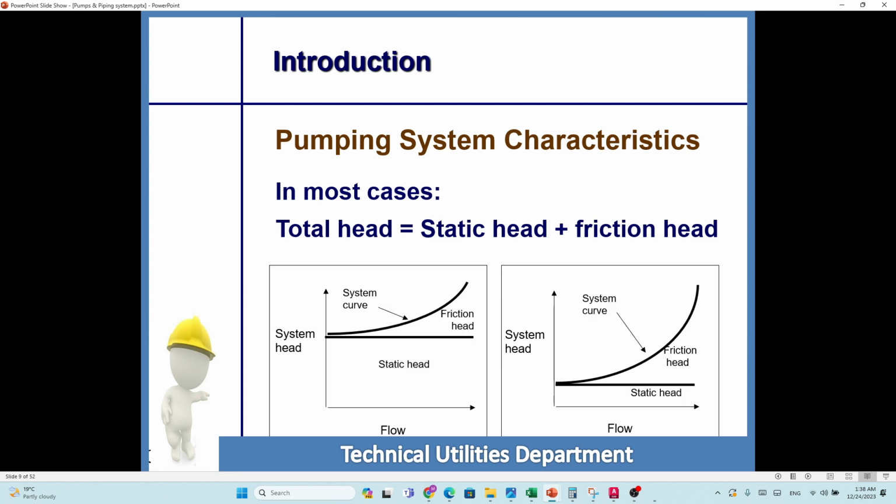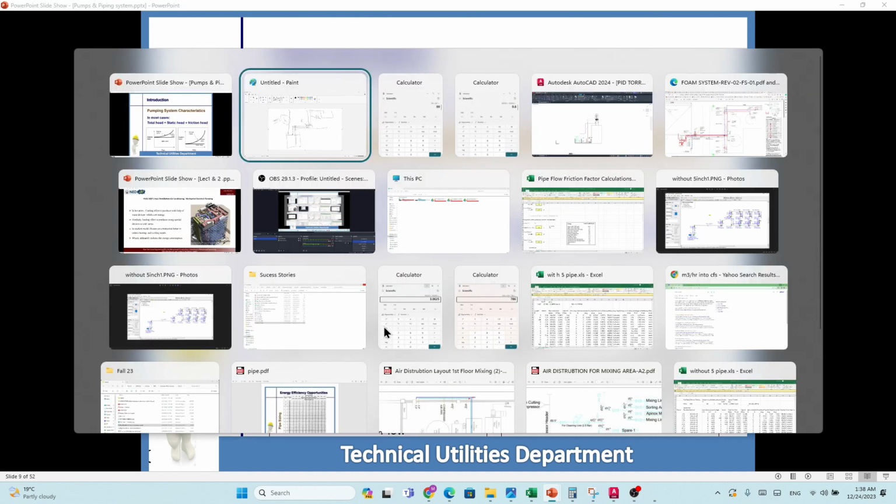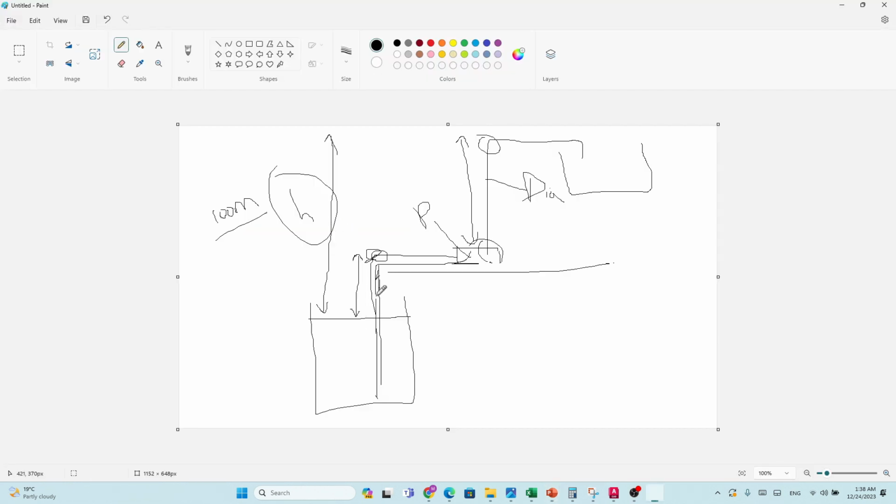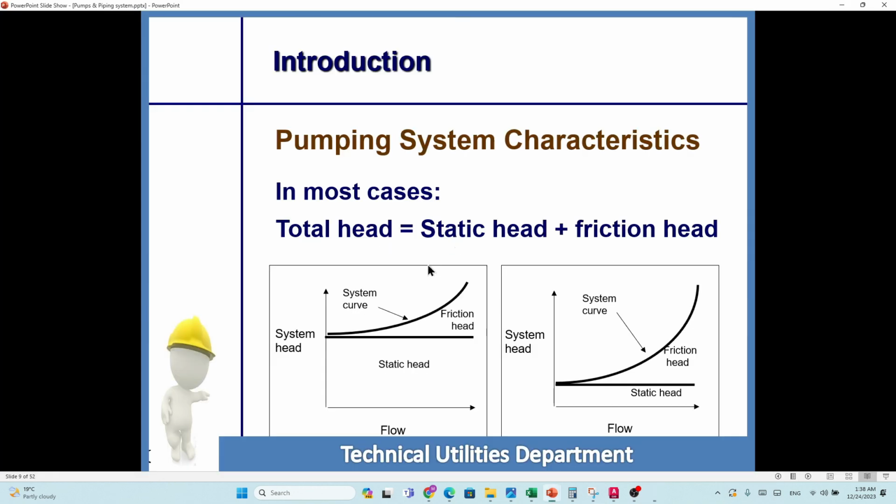I just explained the static head. The static head is constant with respect to flow, but for the friction inside the pipe and the fittings, we have a behavior of water like this. By increasing the flow, the resistance will increase due to the length of the pipe, the different elbows and fittings, and so on.